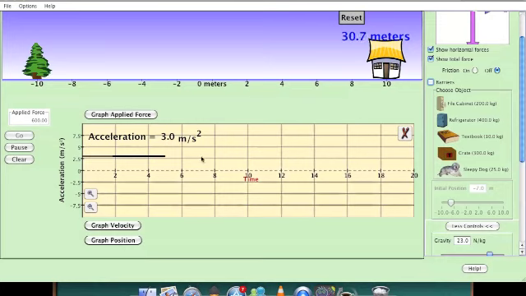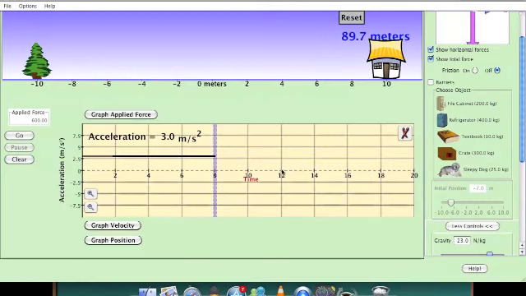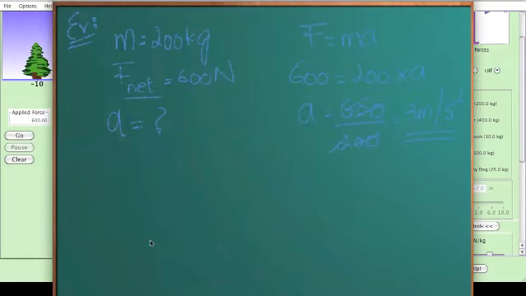And since it's a constant acceleration, we can also find its velocity at a particular time, let's say at 12 seconds. If you want to find out the velocity it has reached at 12 seconds, let's see what the relationship is between acceleration and velocity.